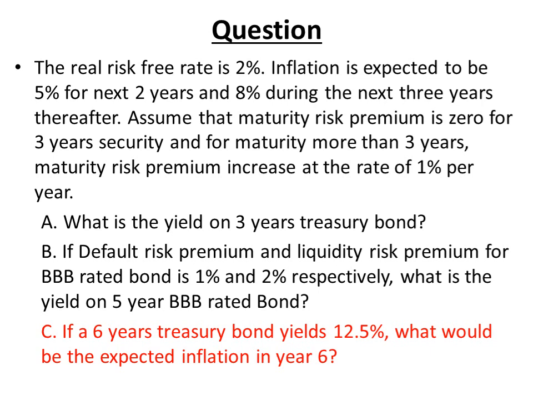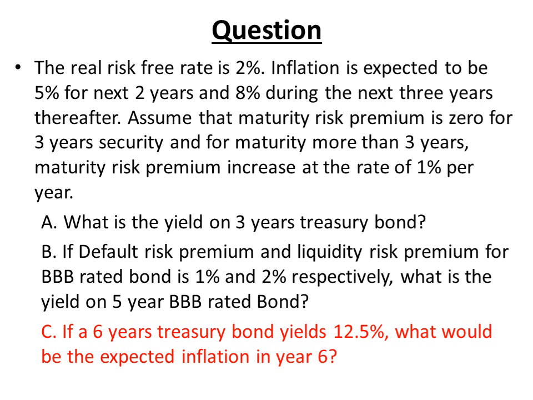That is, inflation for year 1 is 5%, inflation for year 2 is 5%. I1 equals 5%, I2 equals 5%, and 8% during the next 3 years thereafter. Then after 2 years, 8% is the inflation rate for the next 3 years.